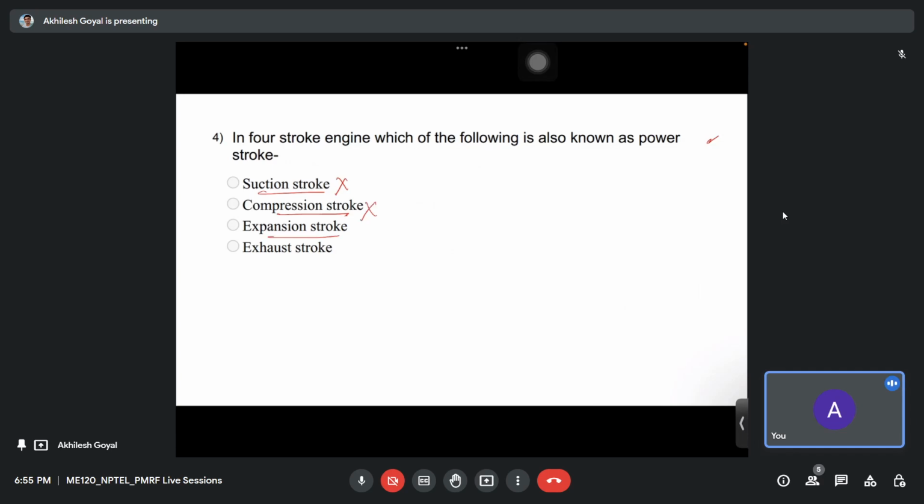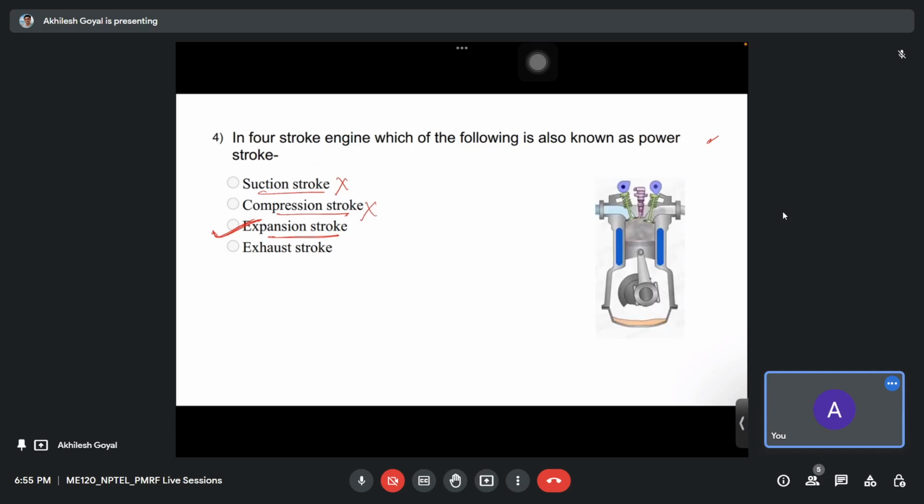In the expansion stroke, the combustion gases are being expanded and the piston is moving downwards, so we are getting some power in the expansion stroke. So in the four stroke engine, the expansion stroke is the power stroke. Okay, very basic conceptual question.